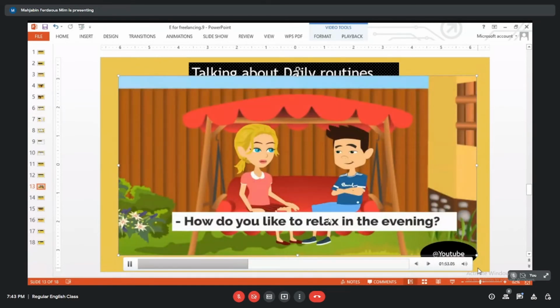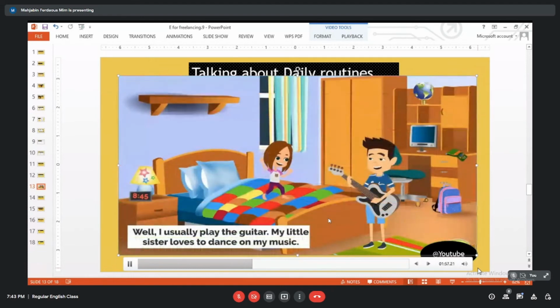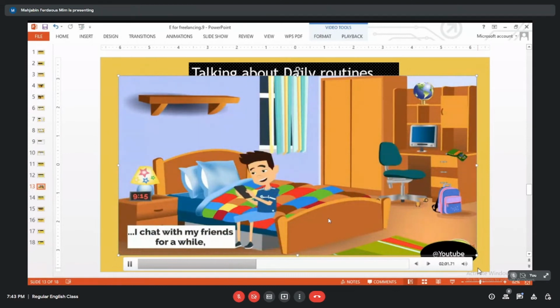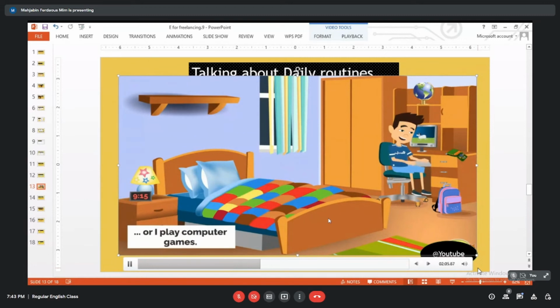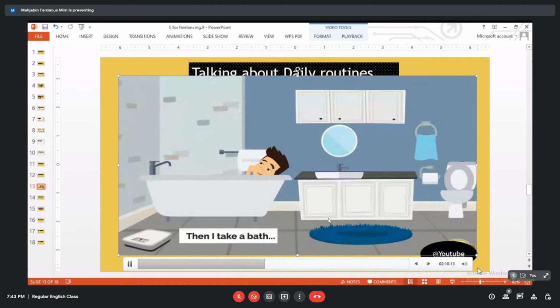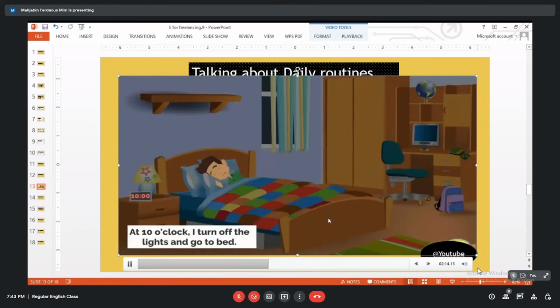How do you like to relax in the evening? Well, I usually play the guitar. My little sister loves to dance on my music. I chat with my friends for a while. Or I play computer games. Then I take a bath. At 10 o'clock, I turn off the lights and go to bed.